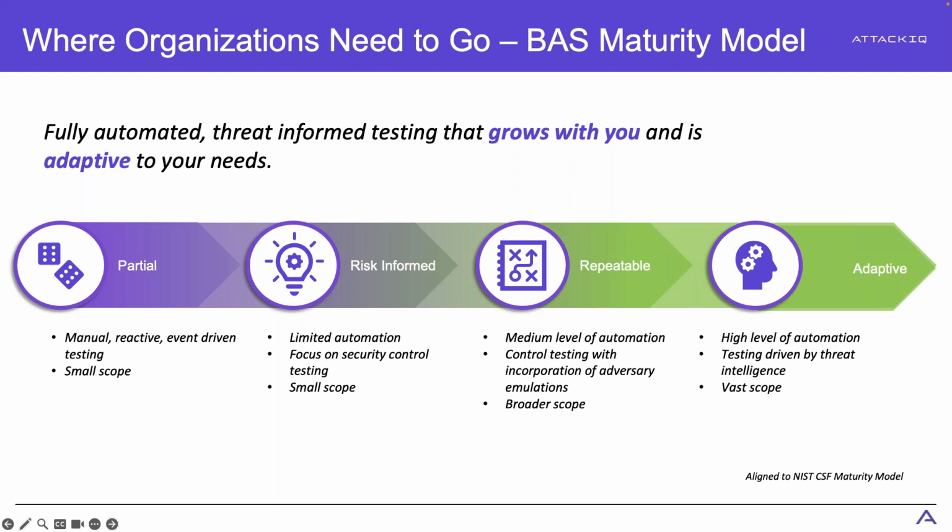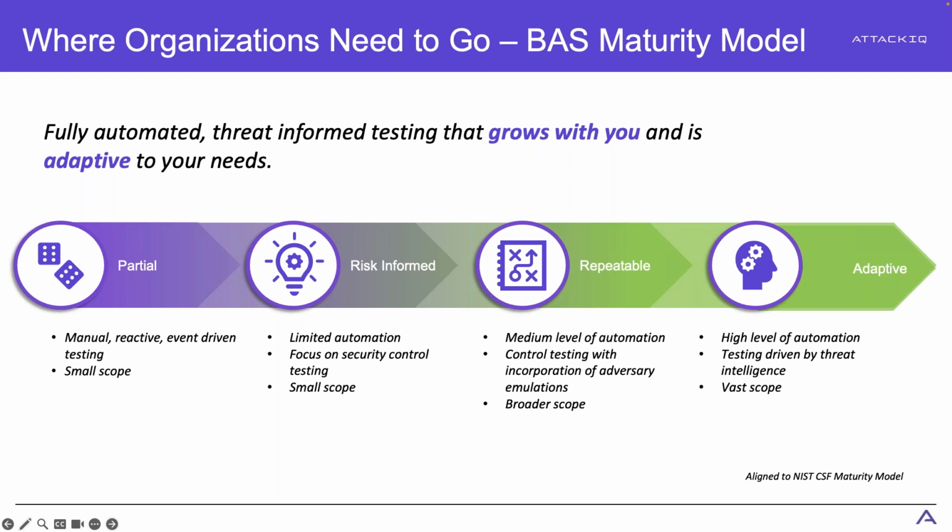This is typically where we see most larger organizations start. The focus here is on identifying what we call security control drift. That is, do your security technologies consistently detect and prevent the basic things they're supposed to over time, especially as you're rolling out policy changes, architectural changes, week to week, month to month?